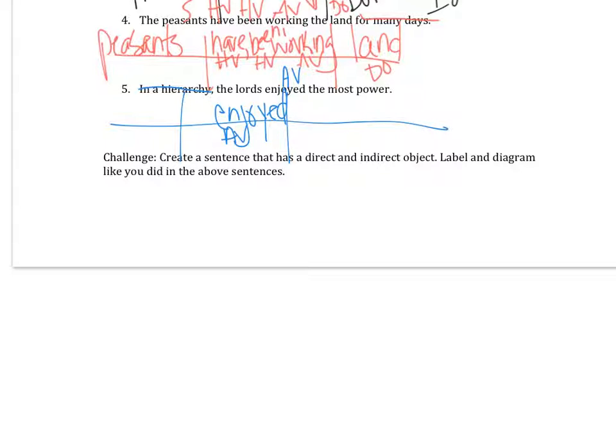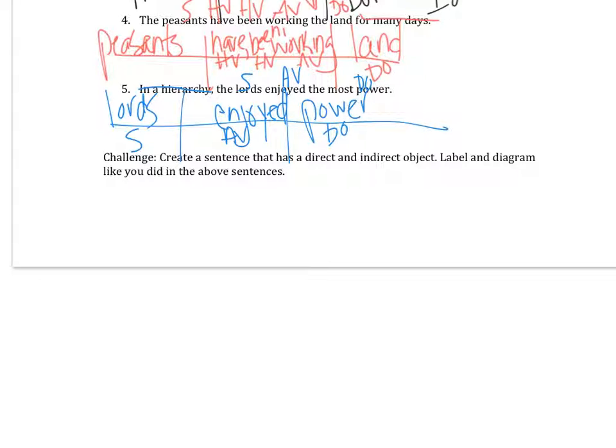Because I'm trying to get you to identify direct objects, and direct objects come after action verbs. Okay. Who enjoyed? The lords. They are your subject. Okay. What got enjoyed? The lords enjoyed what? Power. There is my direct object.